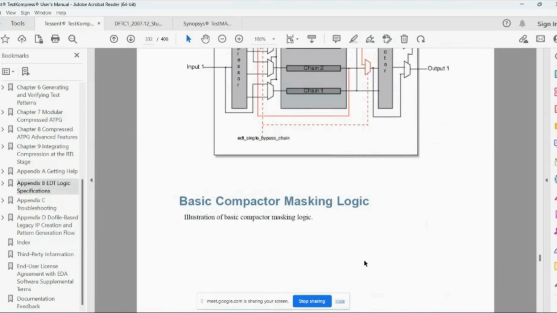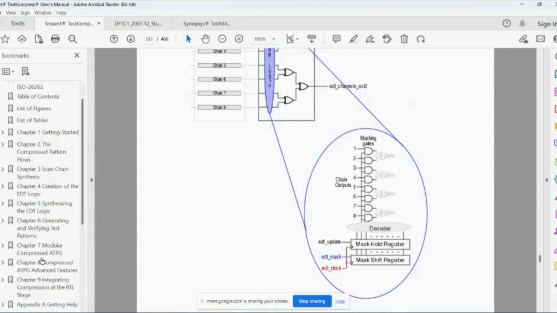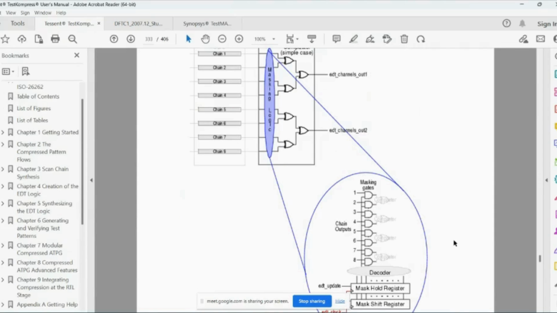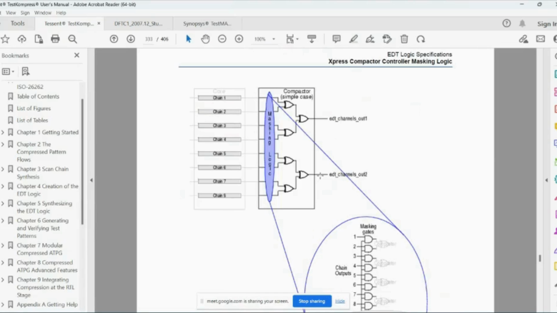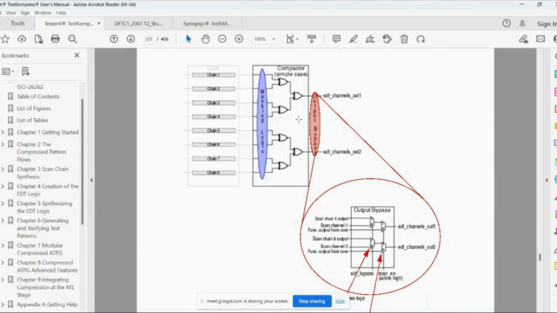The detailed information of how this masking works will be explained in these chapters. For now, we are discussing the schematic and understanding the internal structure of the EDT logic. Masking logic is followed by the XOR tree.